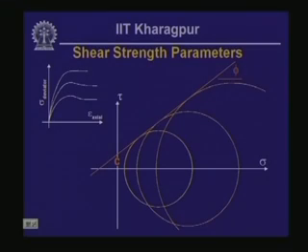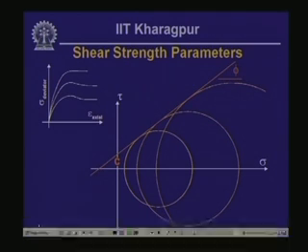What we want to do in this case is to simplify. Here we made a simplifying assumption that at least for the range of stresses that is considered in this particular problem, namely between here and here, the failure envelope can be approximated by a straight line.